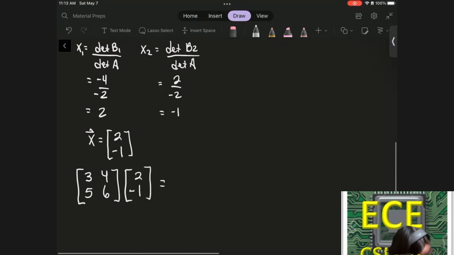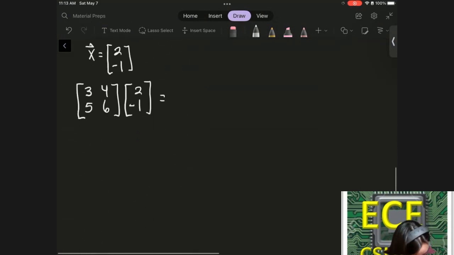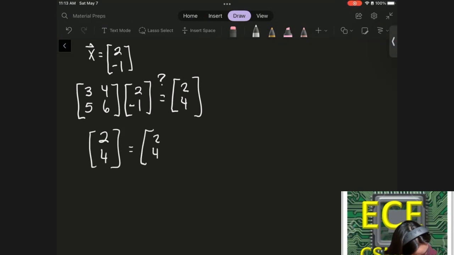Let's check if it equals b. What was b? 2, 4. Does it equal 2, 4? Let's see. That's 6 minus 4, that's 2. That's 10 minus 6, that's 4. And yes, they equal each other.